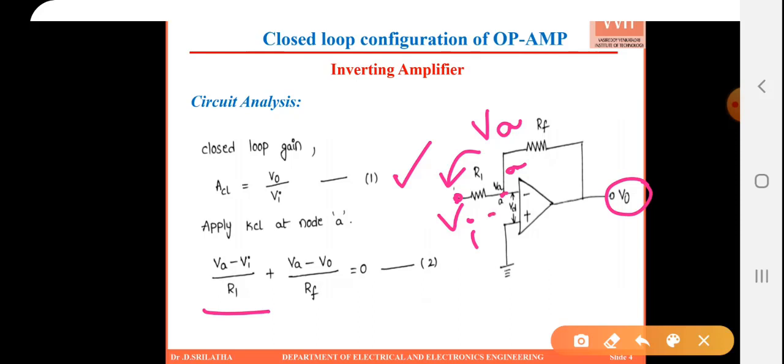Next, between these two points connected to point A, if this is the direction of current, then VA minus V naught by RF. So applying KCL at node A: (VA minus VI) by R1 plus (VA minus V naught) by RF.